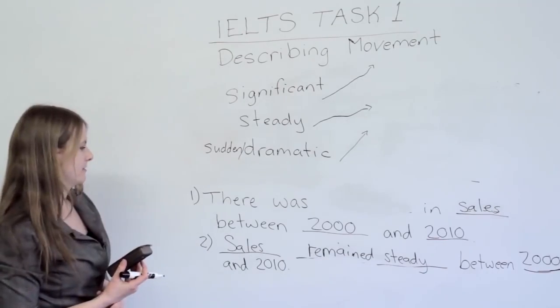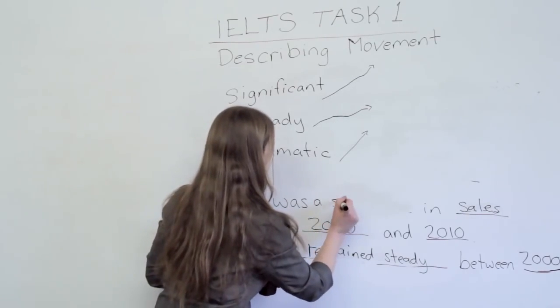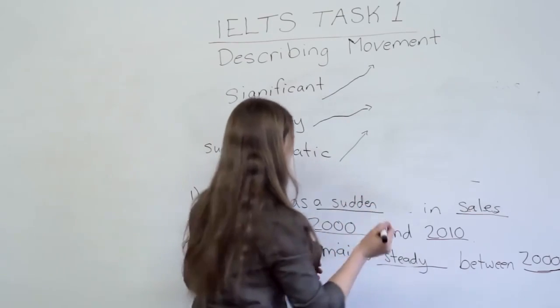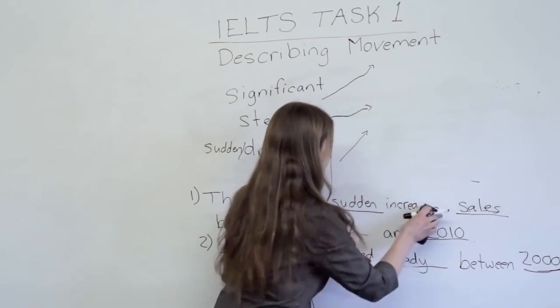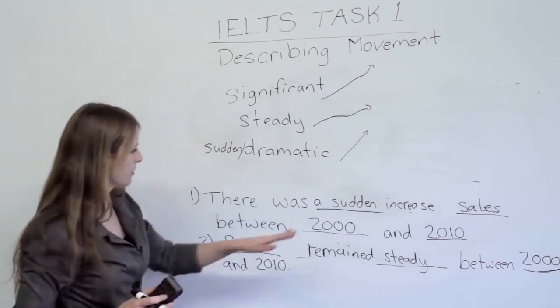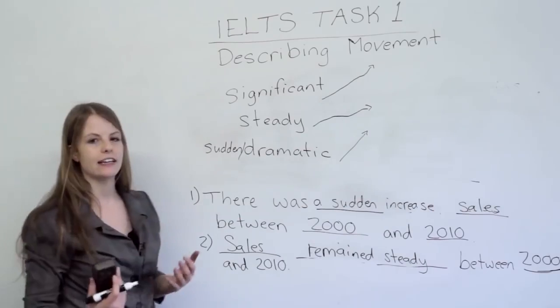So where would I put it here? There was a, so we use the word increase, which can be a noun. There was a sudden increase. There was a dramatic increase. There was a significant increase.